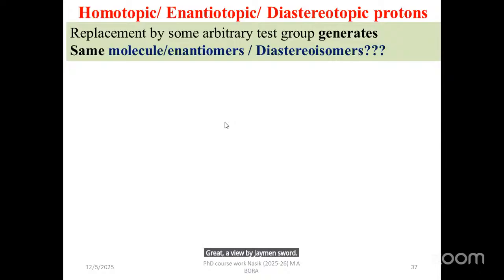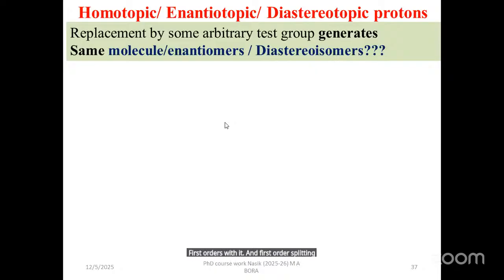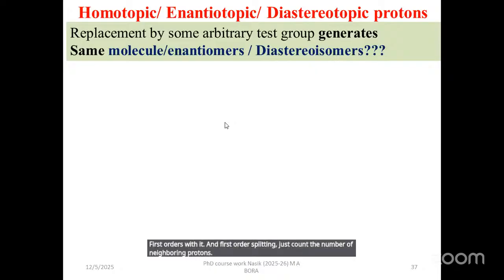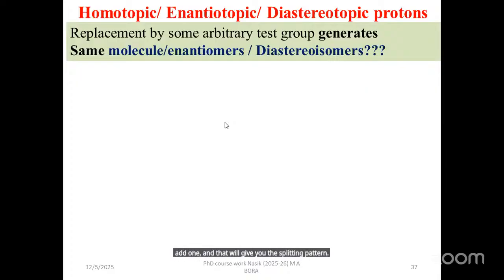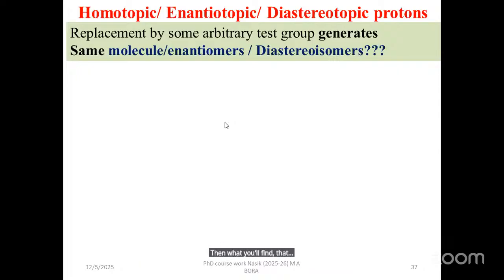Delta nu is the chemical shift difference in hertz and J is obviously the coupling constant. If that ratio is less than 10, then only you'll see second order splitting. Otherwise, you'll always see first order splitting. In first order splitting, just count the number of neighboring protons, add 1, and that will give you the splitting pattern of the molecule. But if you have an olefinic system or an aromatic system or a highly conjugated system, then you'll find that the spectrum becomes a bit complicated.